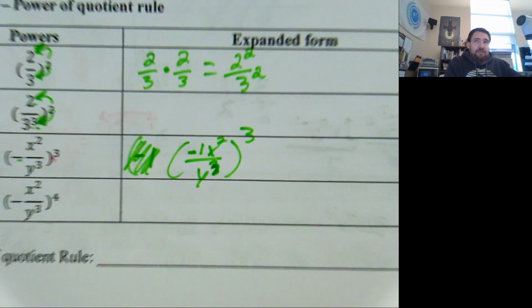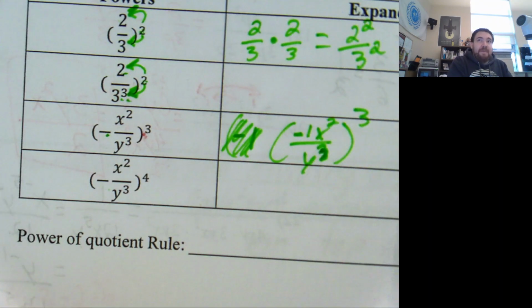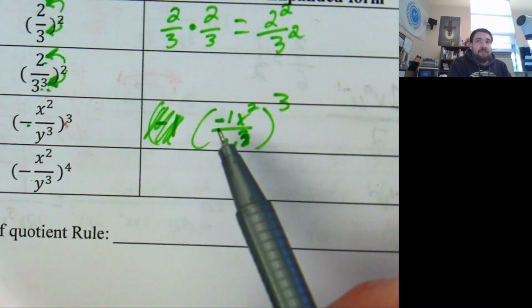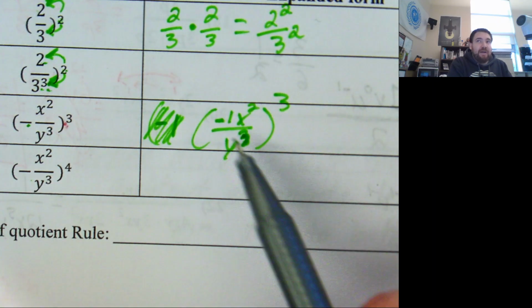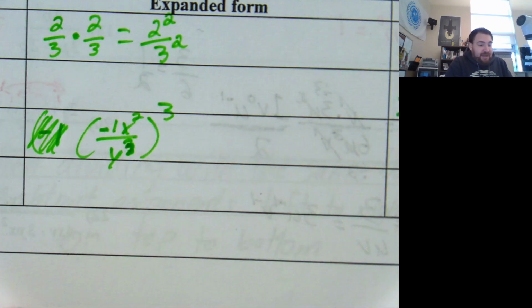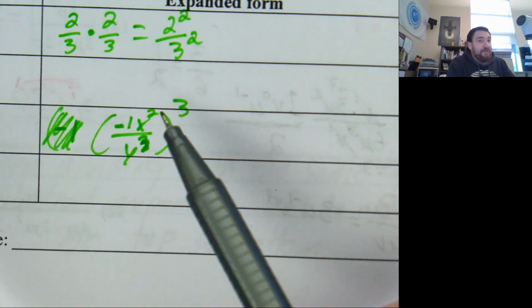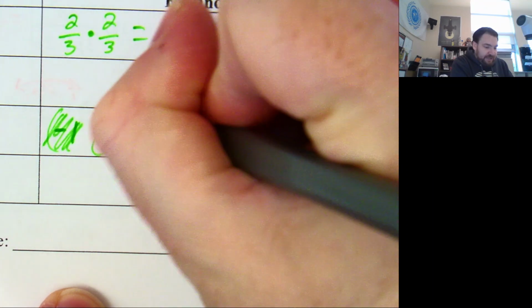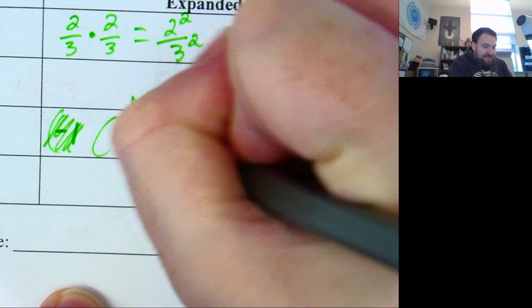This is what I've got here. And there's a minus sign sitting there. It's the same as having -1 in the numerator, x squared over y cubed. And now I'm going to apply the exponent laws that we've looked at, both of the previous two. All that means is I'm going to apply the exponent onto each piece in the numerator and into the denominator.